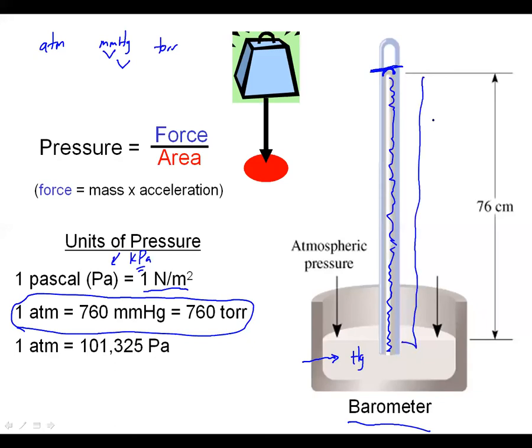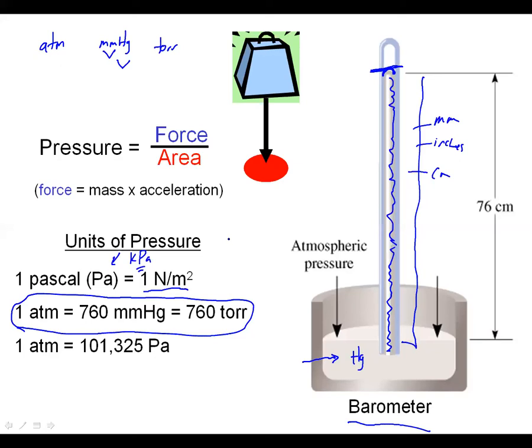And one unit that you could read it in is millimeters. Sometimes they're in inches. Sometimes they're in centimeters. And that's really where millimeters of mercury comes from, reading the level of the mercury in that barometer. The torr comes from the guy who invented it.